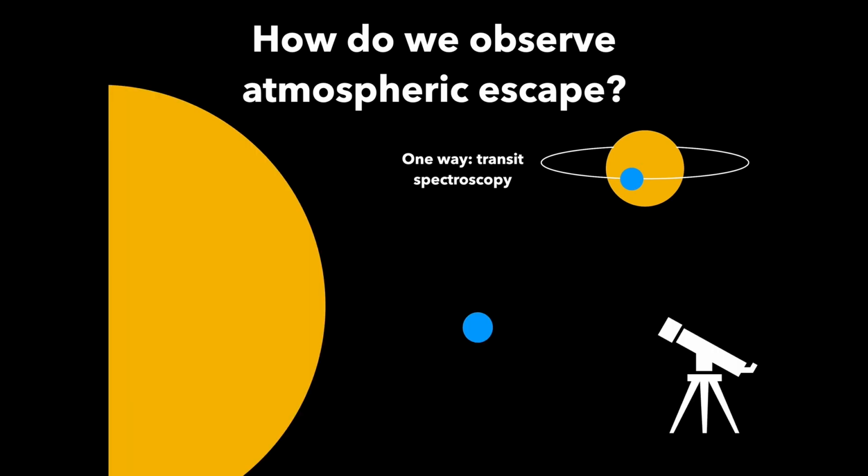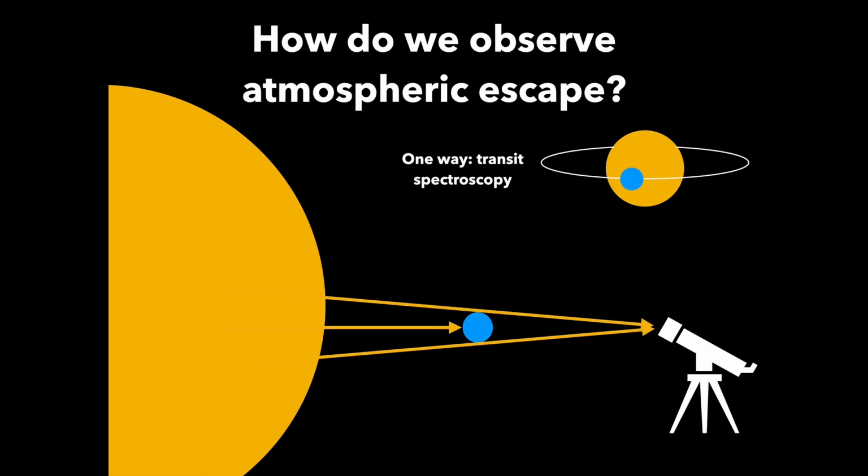Now we can visualize this diagram in this very not-to-scale cartoon shown here. Again, some light from the host star will be blocked by the planet and won't reach your telescope during a transit, but some of the light will reach your telescope, and this is the nominal case. However, when a planet's atmosphere is escaping, some of that light is getting filtered through that low-density escaping atmosphere.